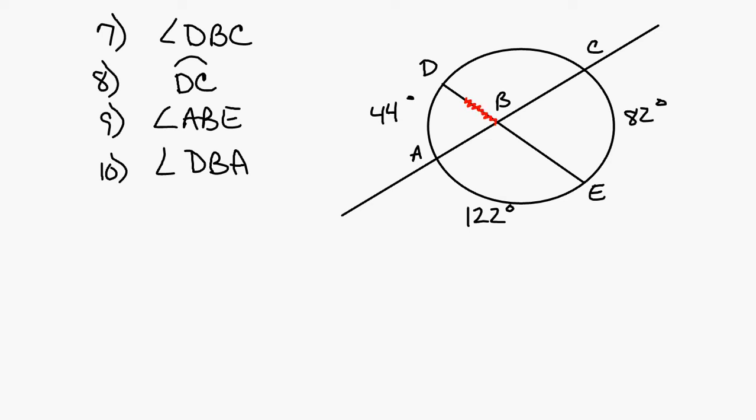Okay, and right now there's not enough information in the picture to find angle DBC, but it's in there indirectly. So what you're going to want to find first is this angle right here, angle CBE, and I'm going to call it X right now, because that angle X is going to be equal to 1/2 of the sum of its intercepted arcs, 44 plus 82.